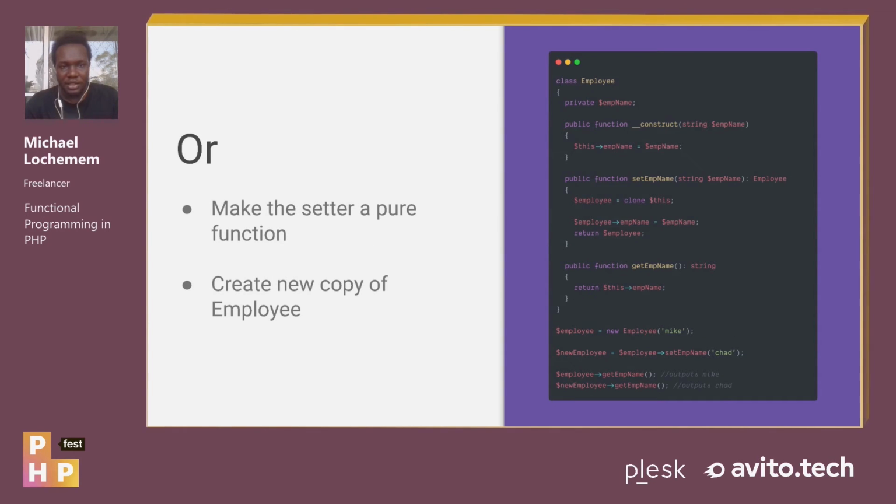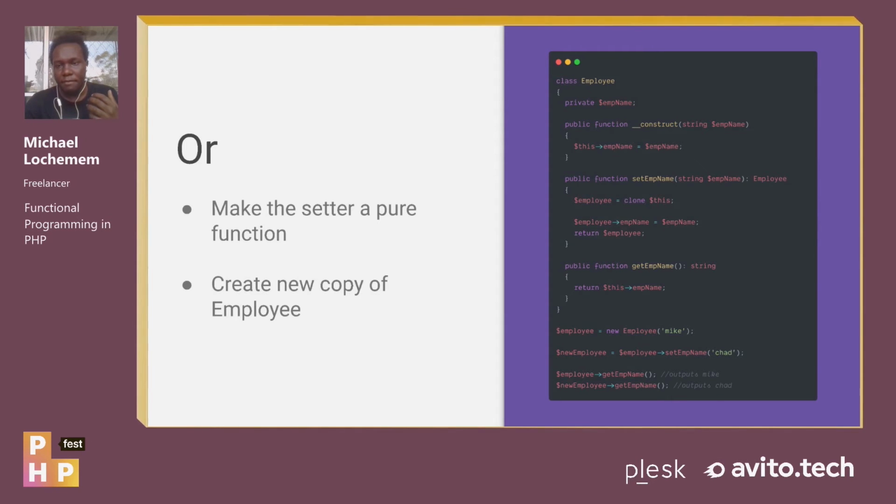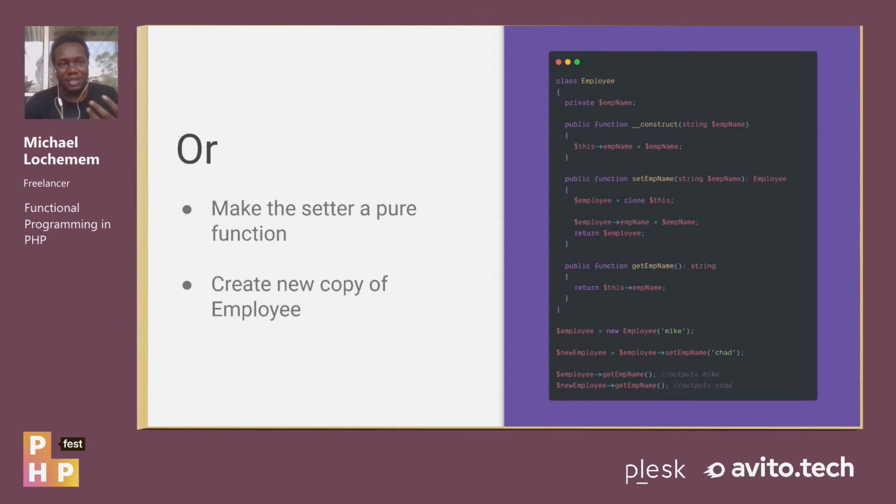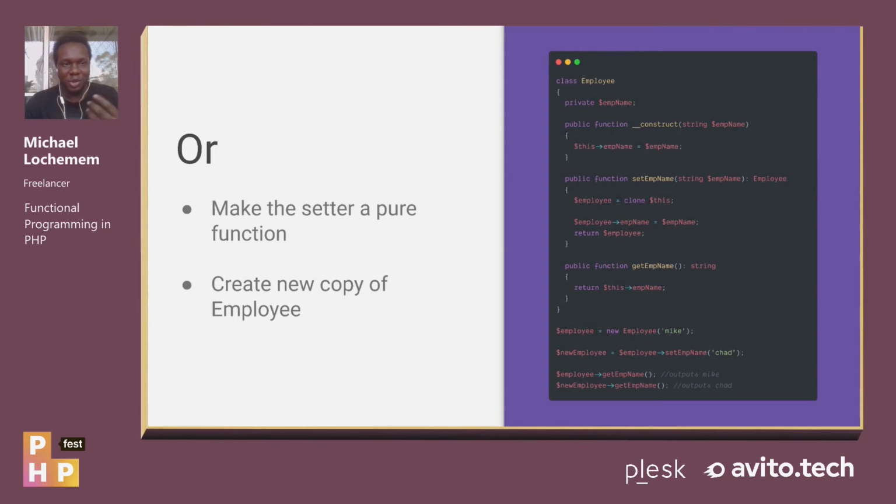The other way of doing it is to make the setter a pure function. How do you do this? You essentially create a new copy of an employee. Essentially, create a new object, which is similar in function to jettisoning the setter, but just a nice little shortcut in case you want to create a new object from a previous one and keep those two as different entities altogether.